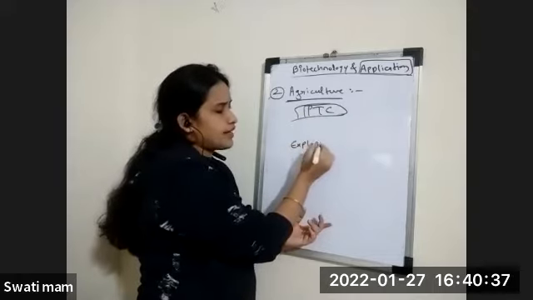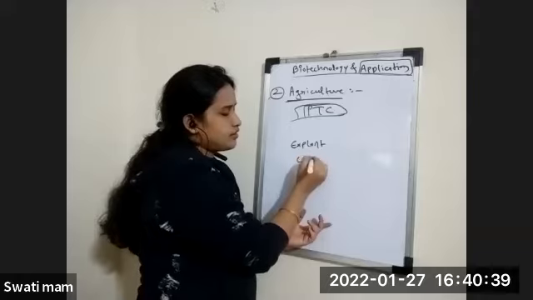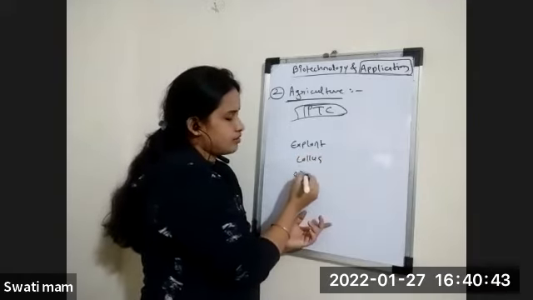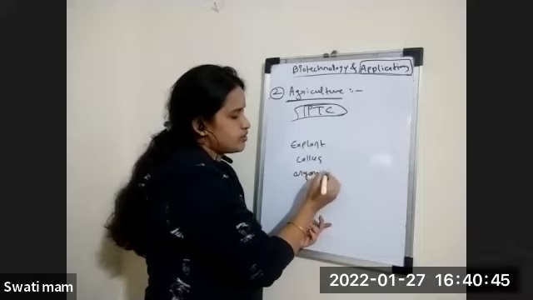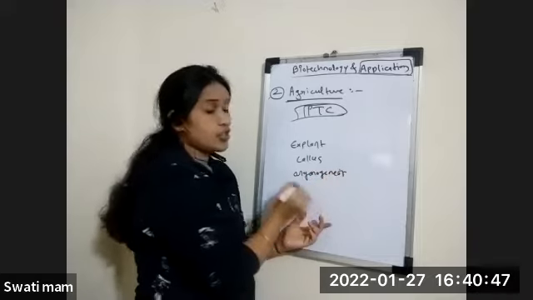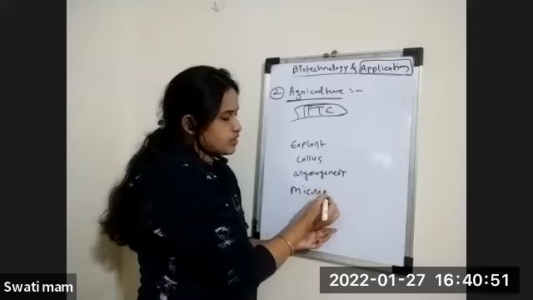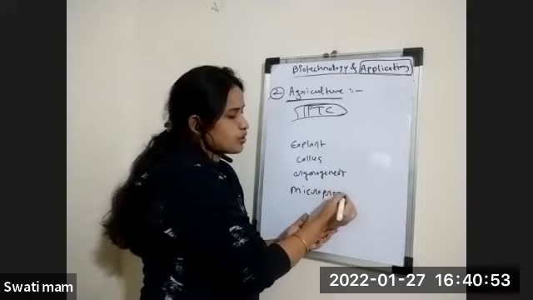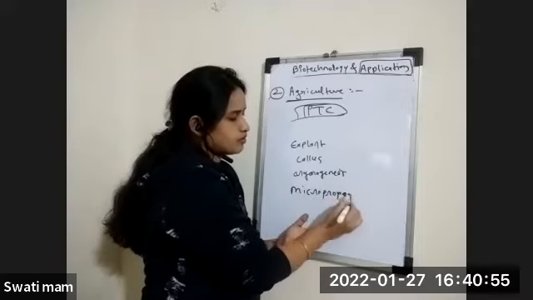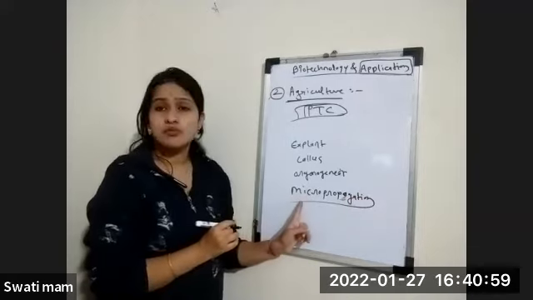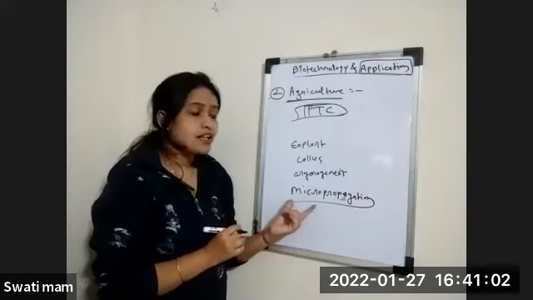For example, explant, then callus, okay? Apart from callus, then organogenesis, okay? After organogenesis, one term is also given in your textbook, that is micropropagation. So what is the meaning of micropropagation?